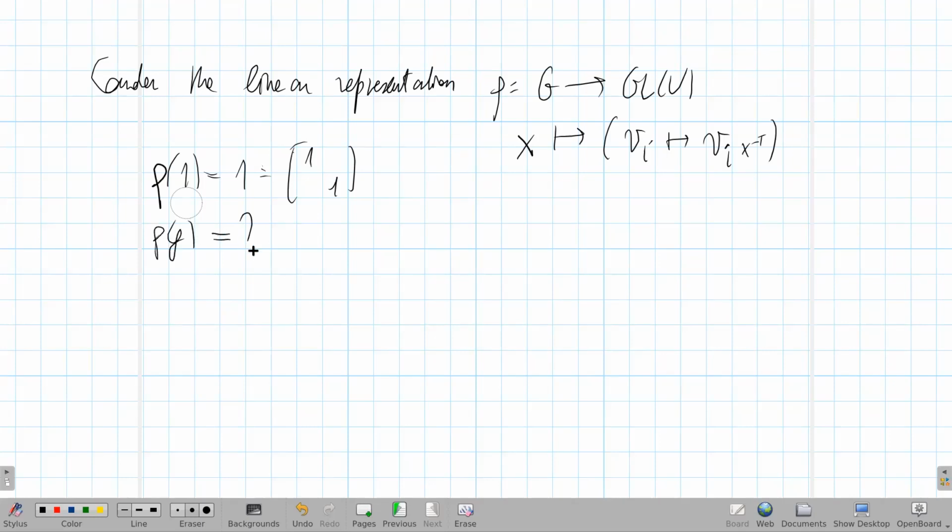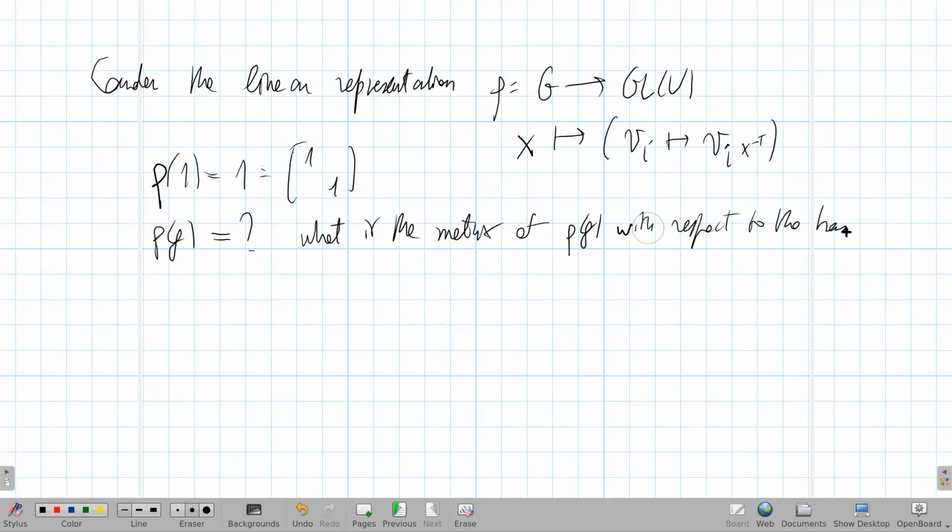And what is the matrix of rho of g with respect to the basis V1, Vg?